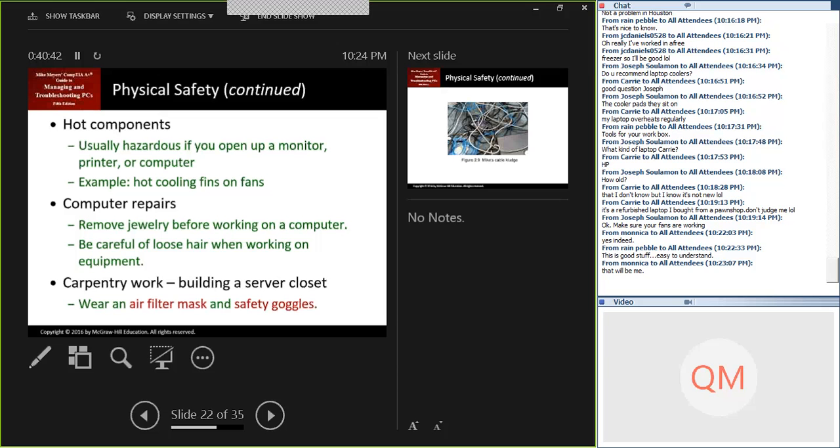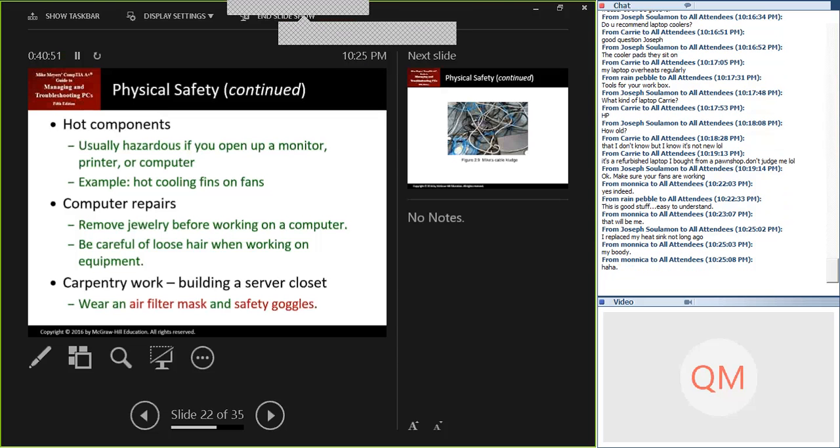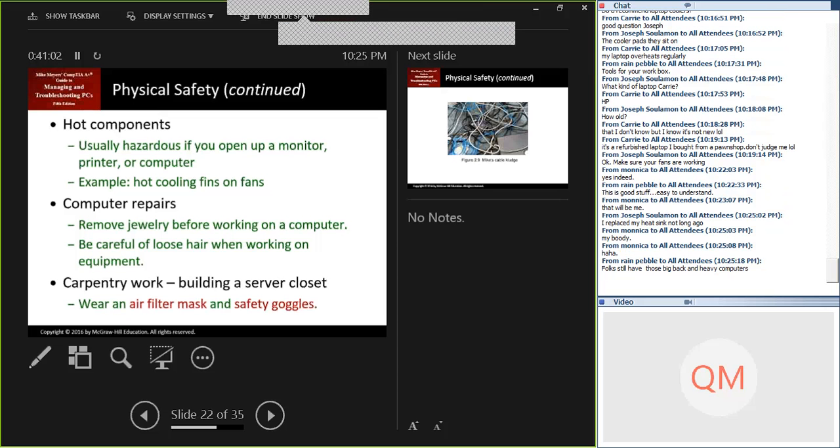Jewelry, same thing. Jewelry can cause static problems, right? And men that wear ties, if the tie gets caught in the printer or something like that, you're going to have problems. We want to pay attention to all of those different things. Carpentry work, we aren't building any server closets, so we don't really deal with that. And the air filters and safety goggles and all that stuff.